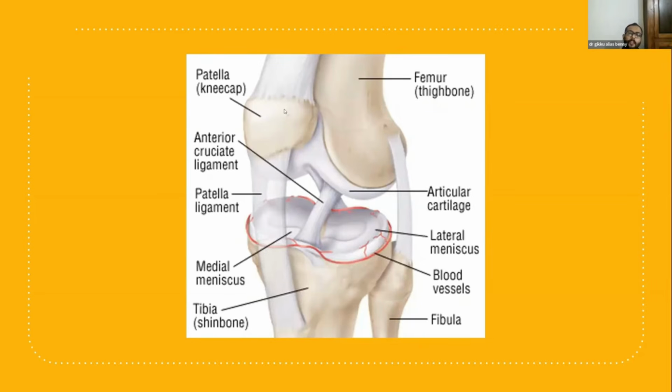Another condition is congenital bipartite patella. It's a congenital condition, but looks like a fracture. Whenever we take an X-ray, it looks like a fracture, and it is mostly seen at the supralateral pole of the patella. We misdiagnose it as a fracture.